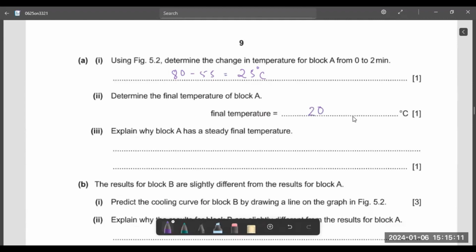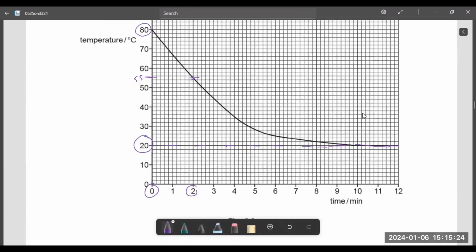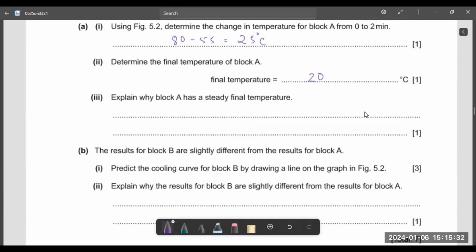Explain why block A has a steady final temperature. Once it reaches the room temperature or surrounding temperature, there will not be any energy transfer. The room temperature will be around 20 degrees Celsius. So when it reaches this, there will not be any energy transfer. That's why the temperature does not decrease.